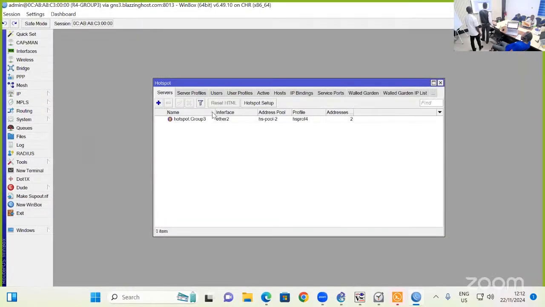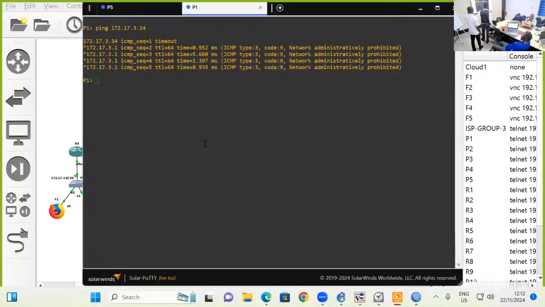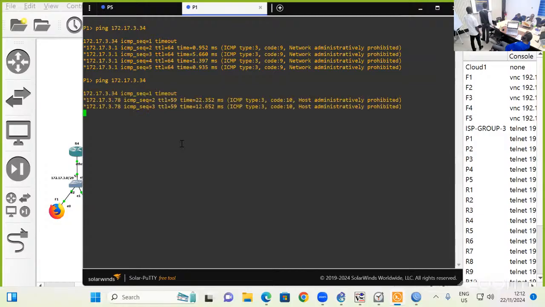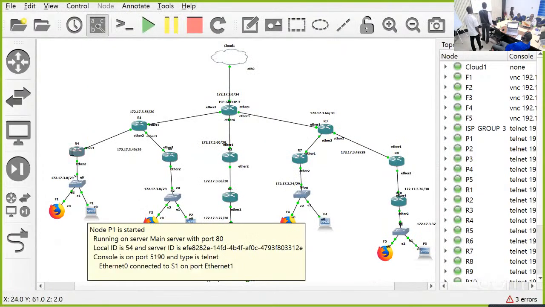IP hotspot. Let me disable it. We're trying to ping together the end of your network, right? This is R4.